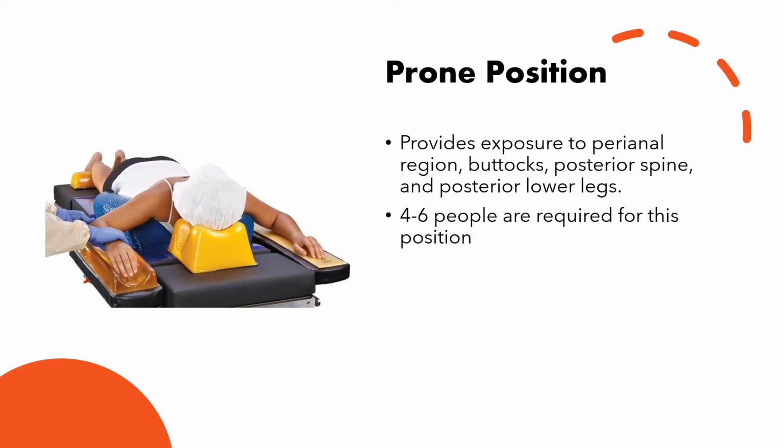Now we're going to talk about the prone position. So the prone position provides exposure to the perianal region, the buttocks, the posterior spine, and the posterior lower legs. 4 to 6 people are typically required for this position.